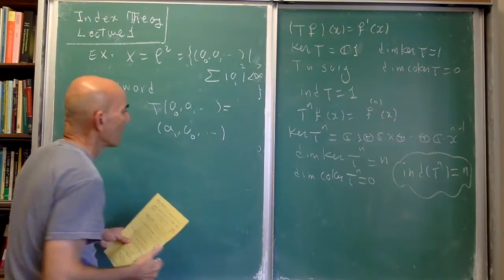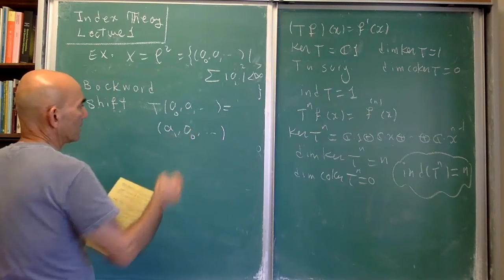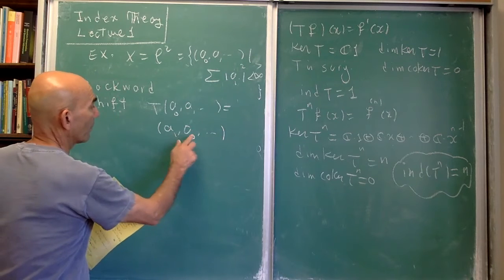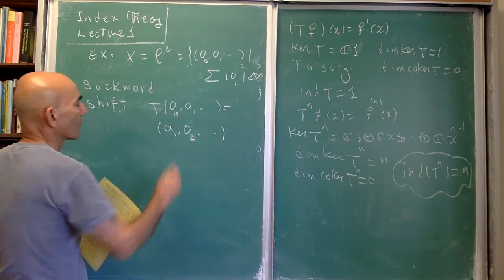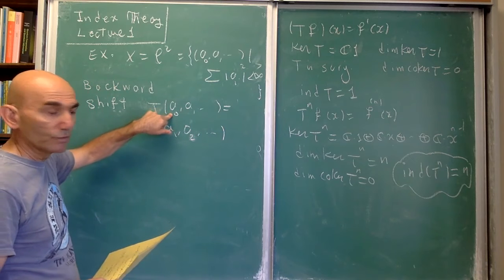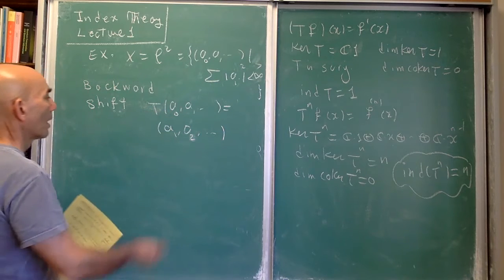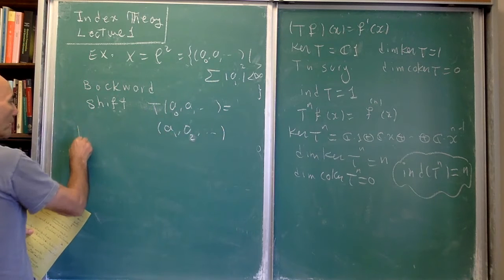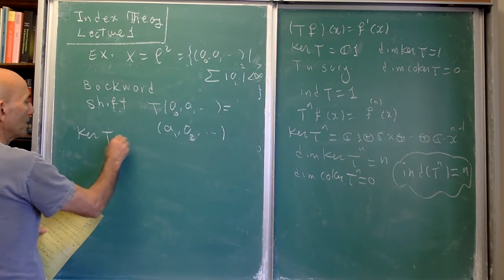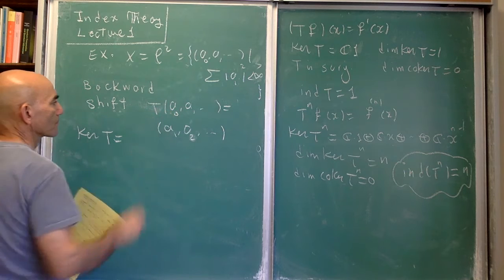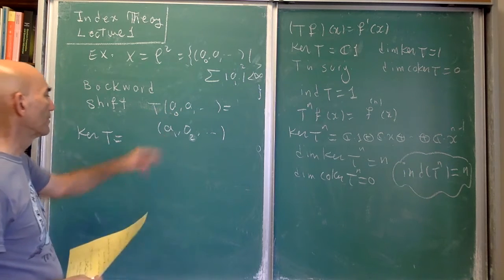You can see that A0 always goes to 0. But otherwise, the kernel of T here is really just things that exist in the first coordinate.